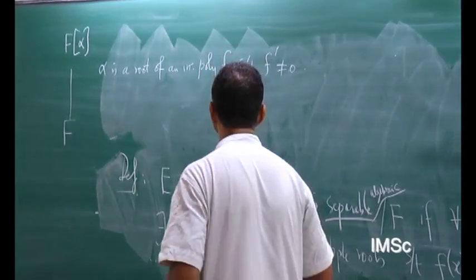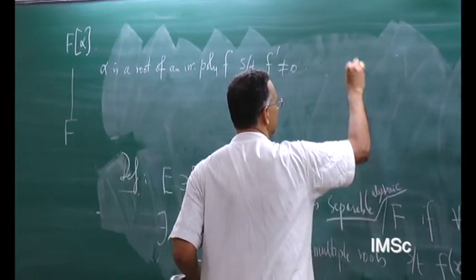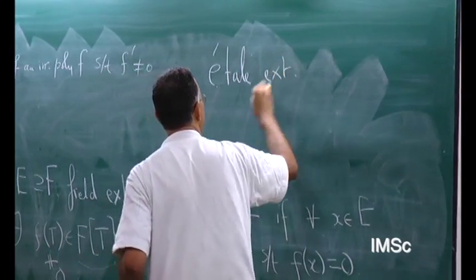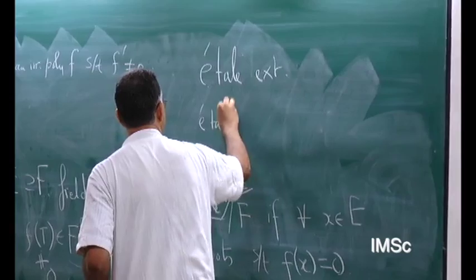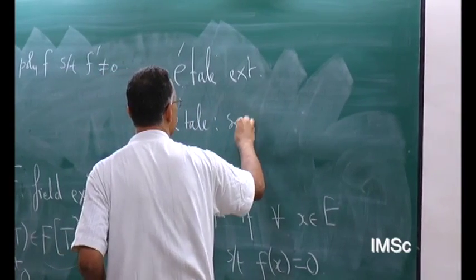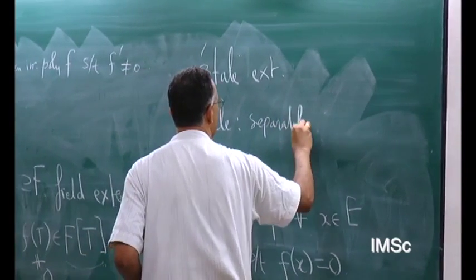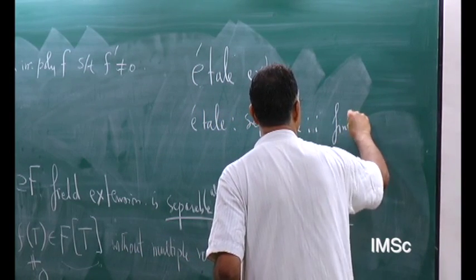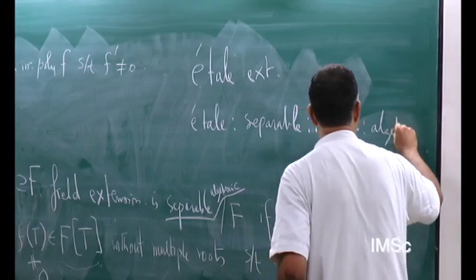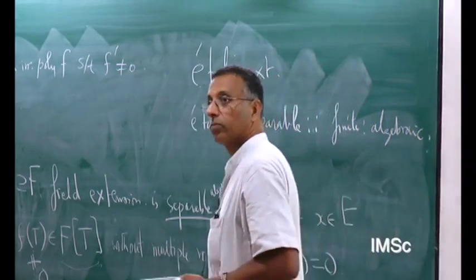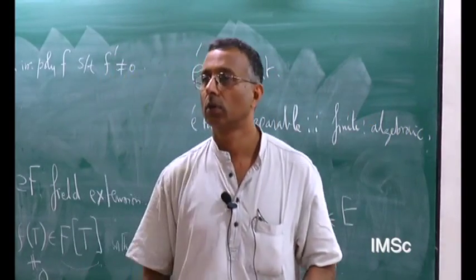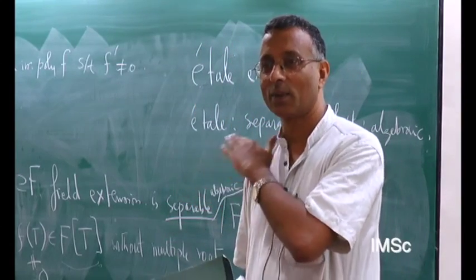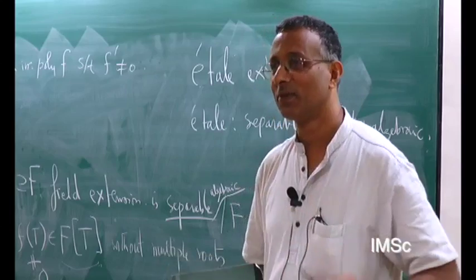That thing is called an étale extension. So, we can roughly say étale is to separable as finite is to algebraic. You can sort of write that. That's not a mathematical statement, it's just a slogan.